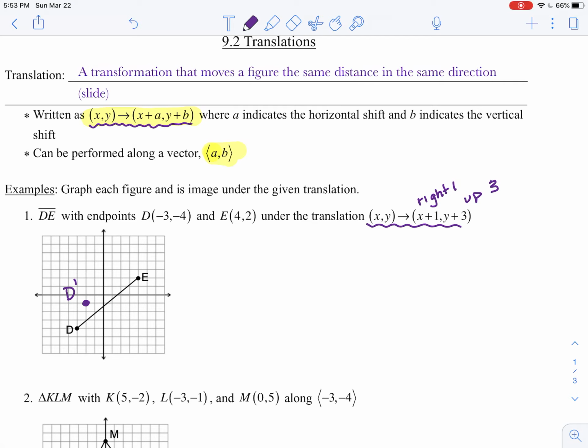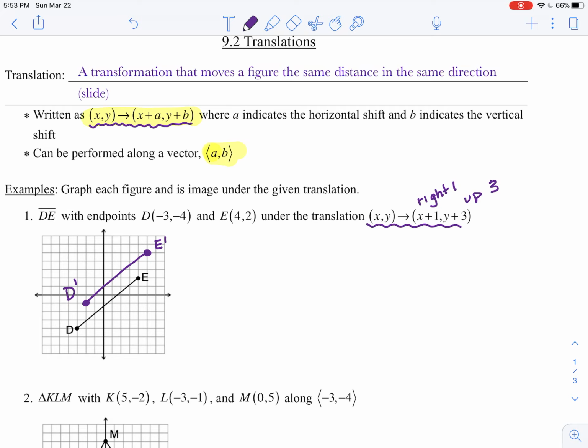If I count the boxes again, E would go right 1 space and up 1, 2, 3 spaces, so that E prime ends up here. Again, we wouldn't show our bunny hops, so the final graph would look like this.